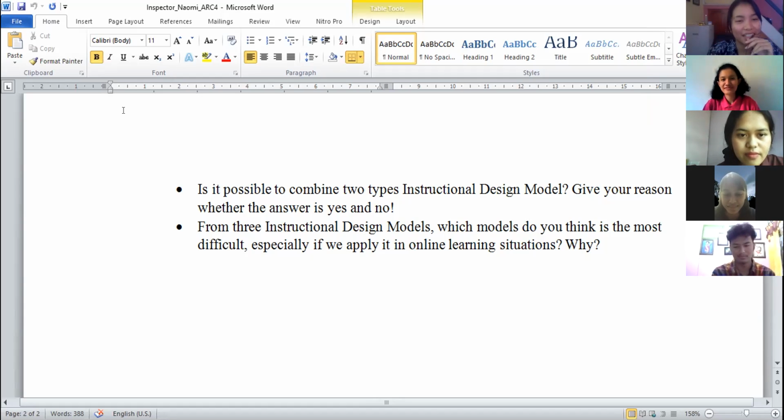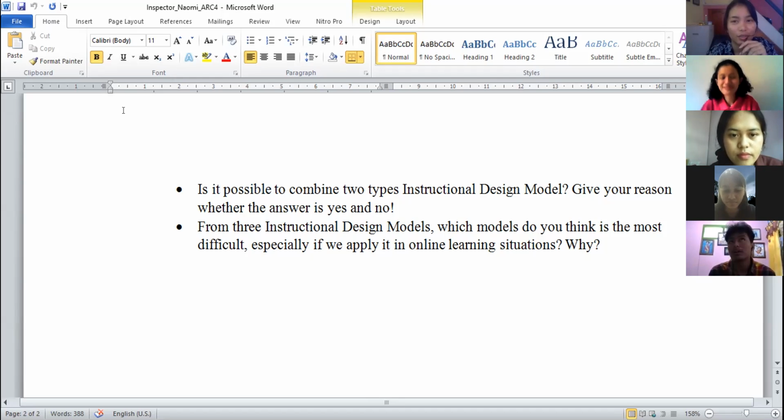I also agree with Ami, because we haven't tried it, and we also don't know the systematics of the 3 instructional design models. So I think we need to do it by ourselves first, and then we will find which one is more difficult than the others.